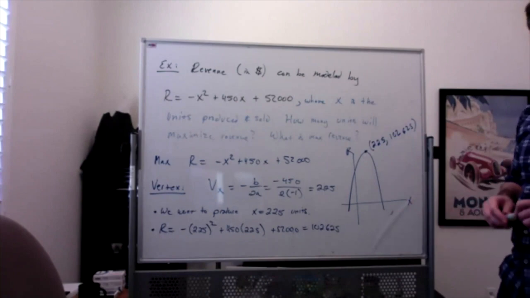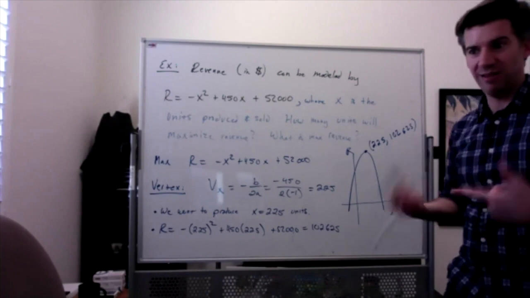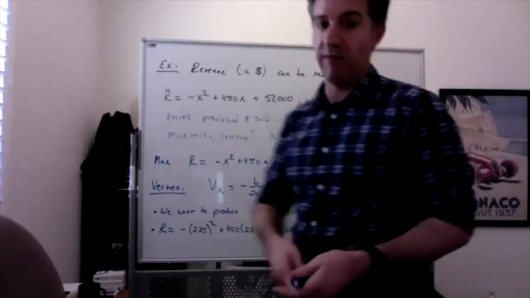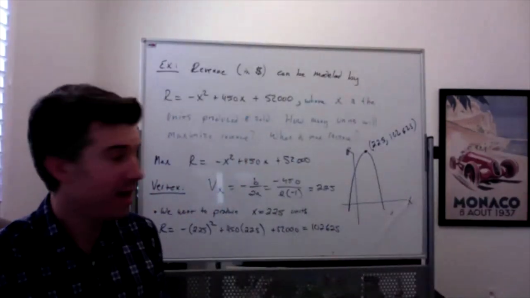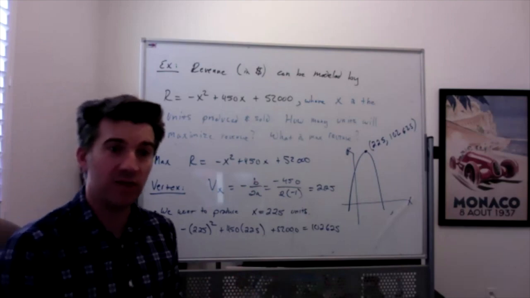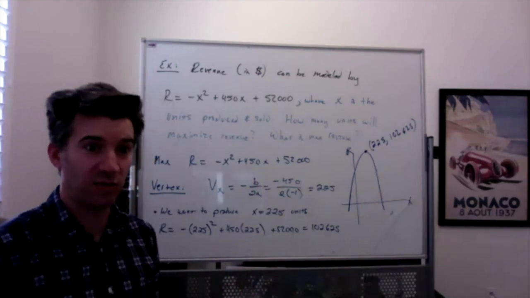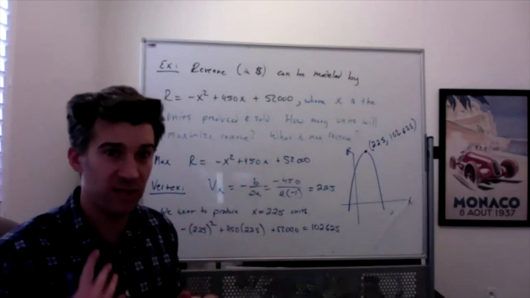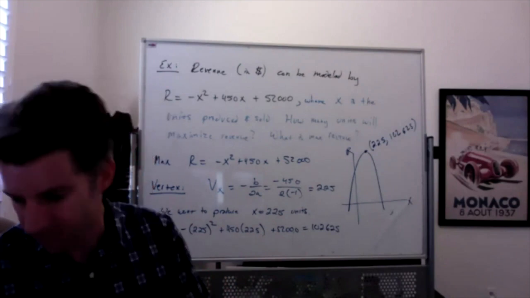So that's maximizing our revenue here. I'm going to say this a lot, but when we're trying to maximize or minimize some function, if it's quadratic, you're really just looking for the vertex. The important distinction to make is which part of the vertex you are looking for. Are they asking you to find the x coordinate or the y coordinate or both? It really depends on how the question's phrased. So let's look at some more examples.